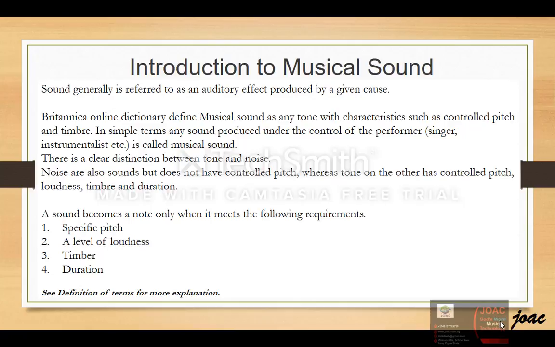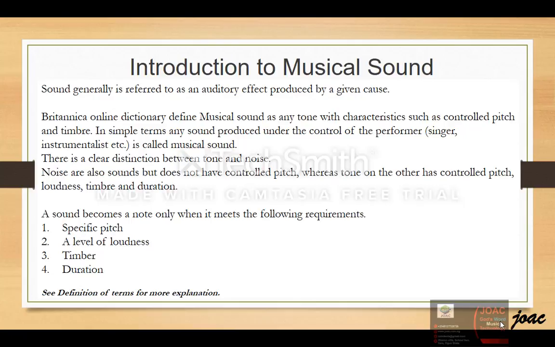So musical sound is referred to as any tone with characteristics such as controlled pitch and timbre. In simple terms, any sound produced under the control of a performer, be it a singer or an instrumentalist, is called a musical sound. Any musical sound must have these 4 characteristics.